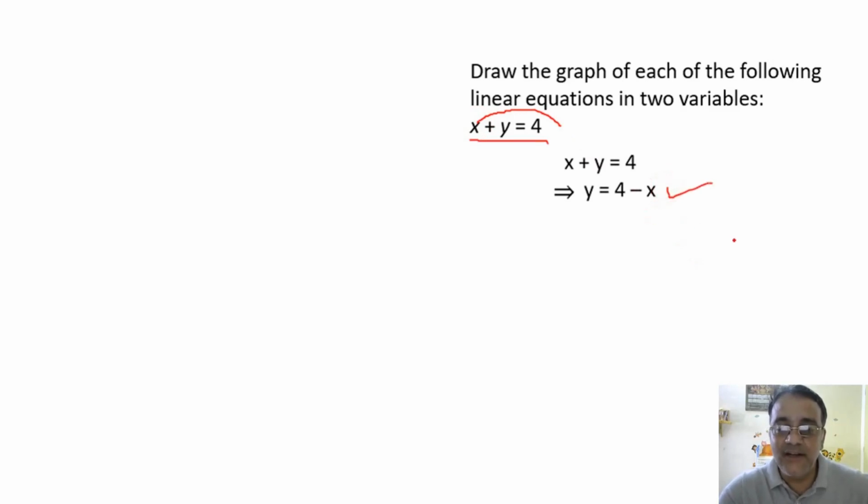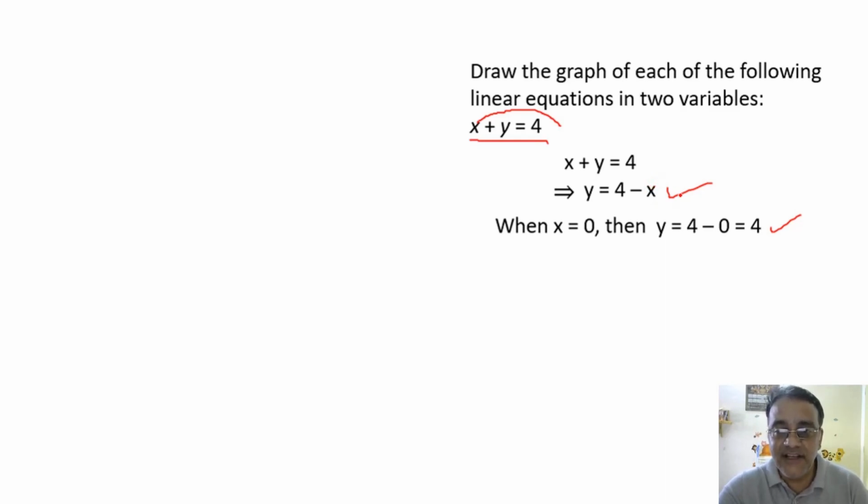Now take a value of x, 3 values of x. Take any. First I will take 0. If I take 0, this will become 4. If I take 1, 3. If we take 1, how much will we get? 3. If we take 2, 2.